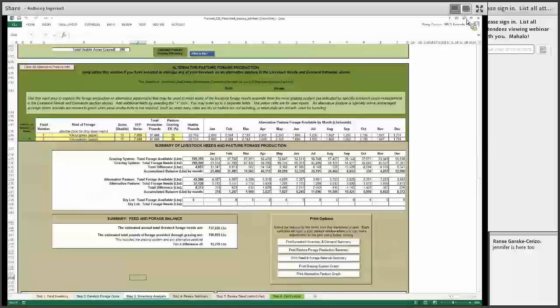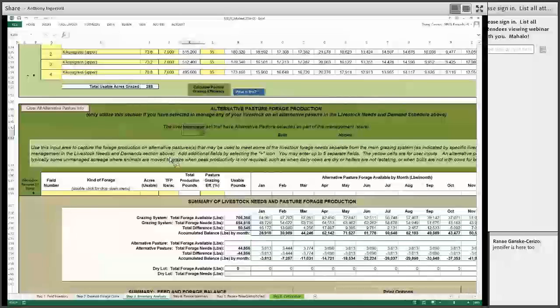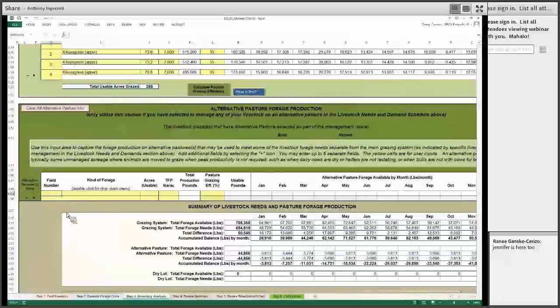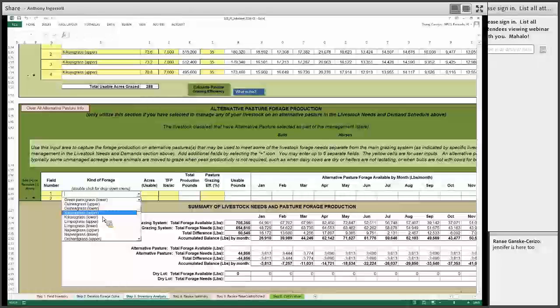Oh, I know why. We forgot to enter our pasture information for alternative pasture. Here we go. So we said we were going to have 2 paddocks. Sorry, and they're both Kikuyu.